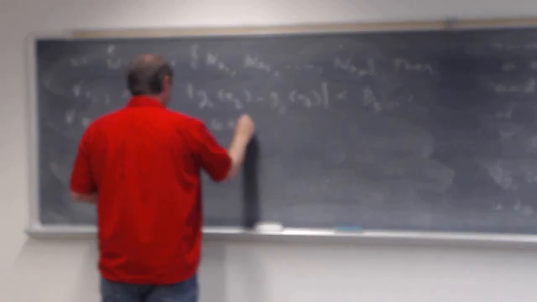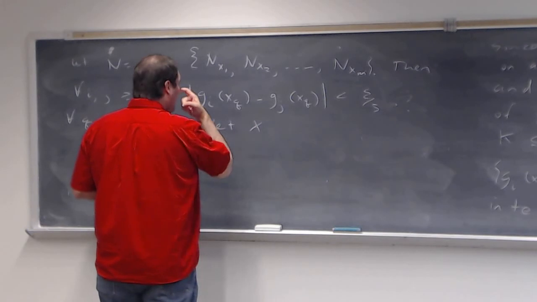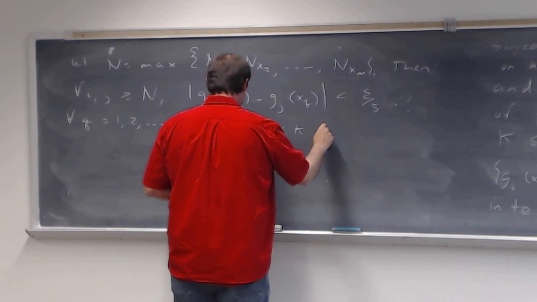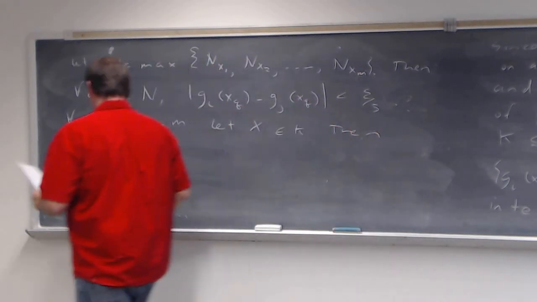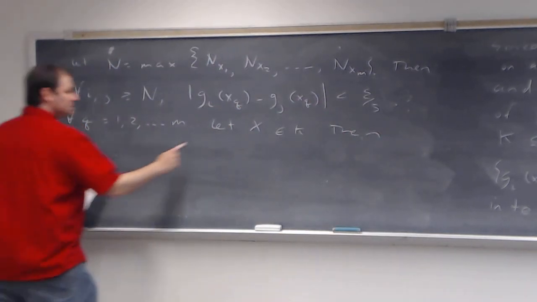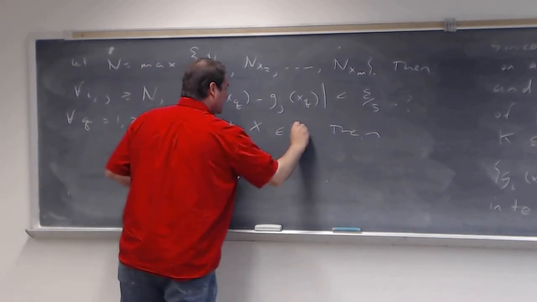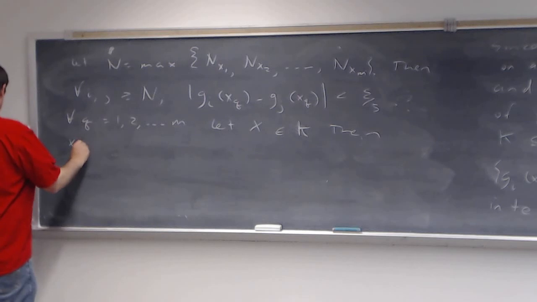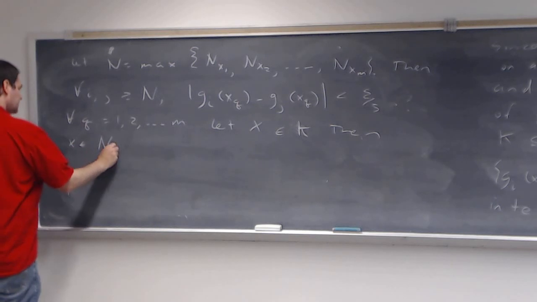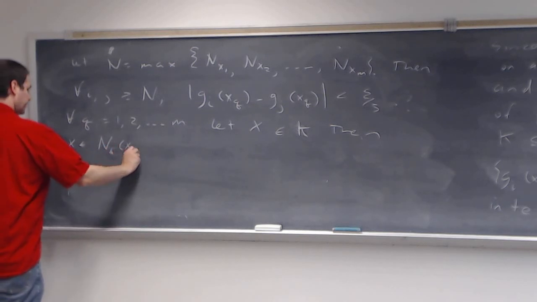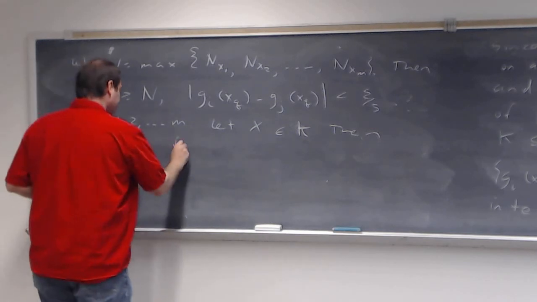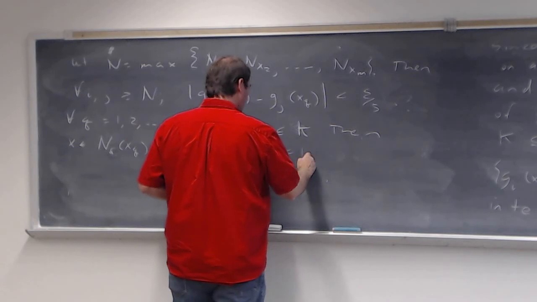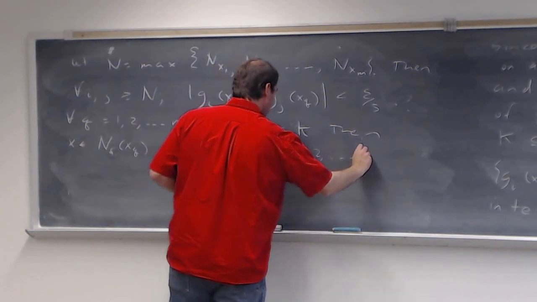Okay, so here we let x be an element of K. So this is an element of our space K, which we know is contained in that finite union of neighborhoods. So x has to be an element of N_delta(x_q) for some q equal to 1, 2, all the way up to m.